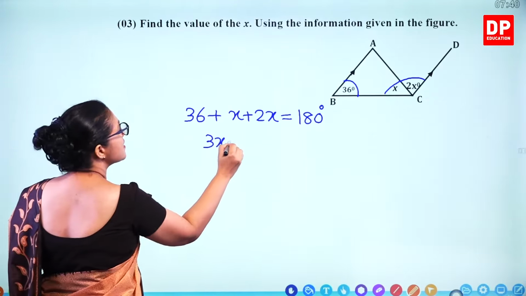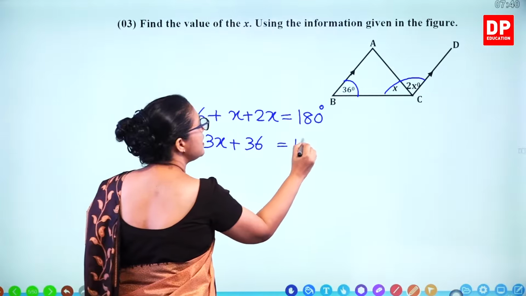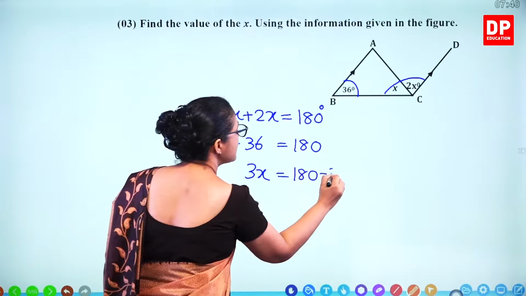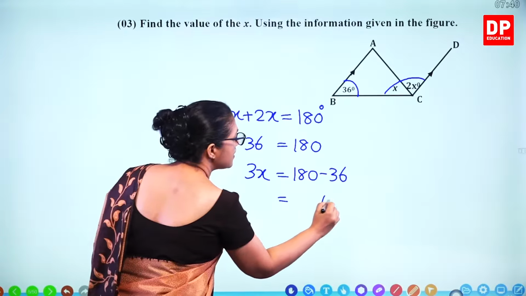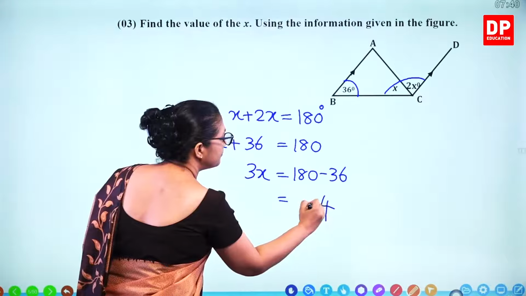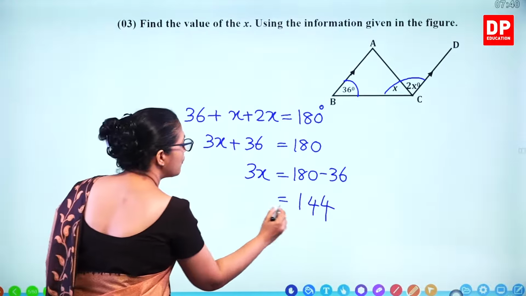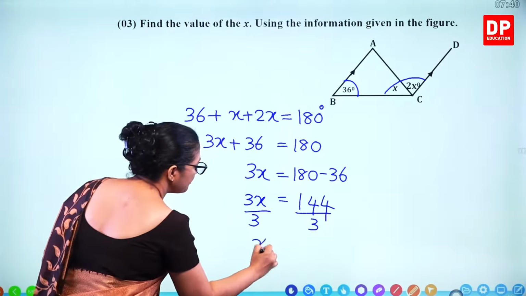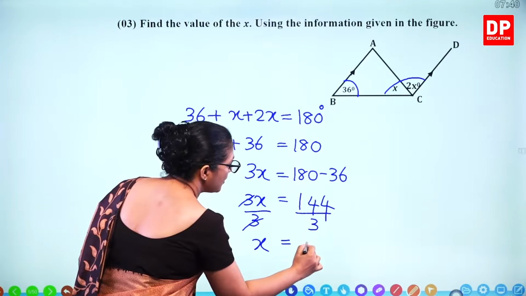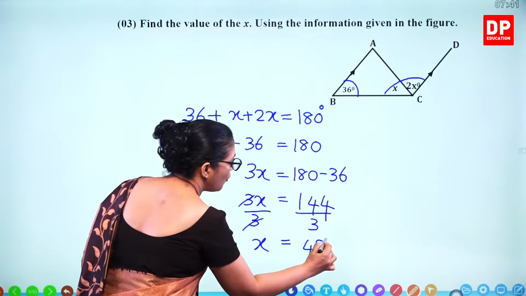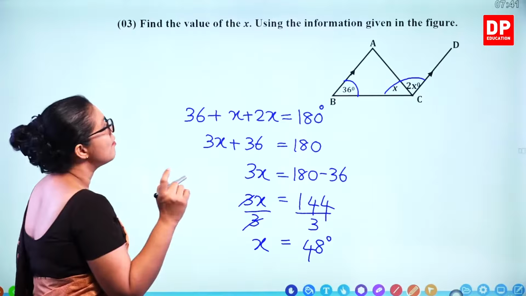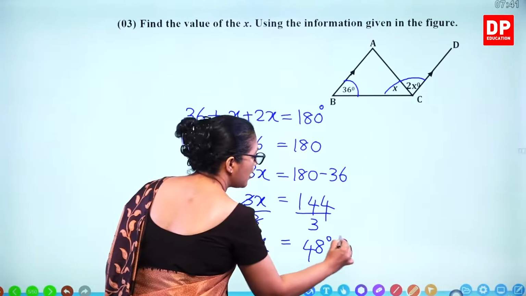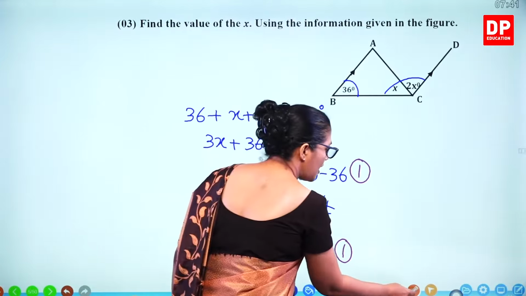So 3x plus 36 is 180. 3x becomes 180 minus 36. You get 144. Divide by 3. You get 48 degrees. So x is 48. 2 marks: 1 mark for the method and 1 mark for the answer.